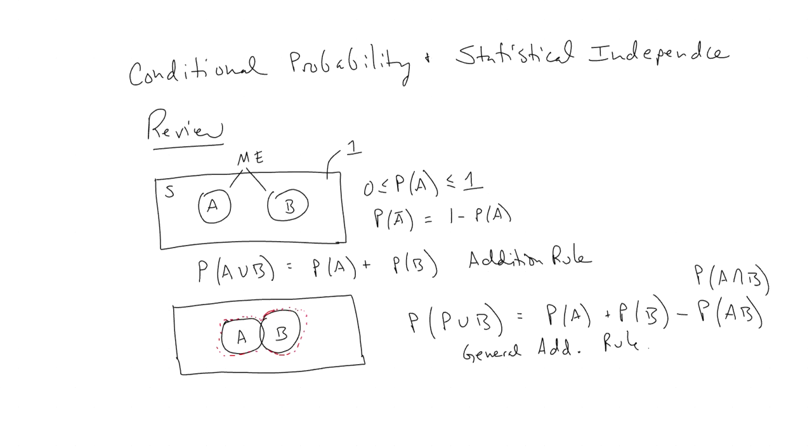That's A and B, so that's where they intersect. So good clarification question. That little intersection right there is the probability of A and B, which is the same as saying AB. And I'm just going to be writing it as AB for convenience here.